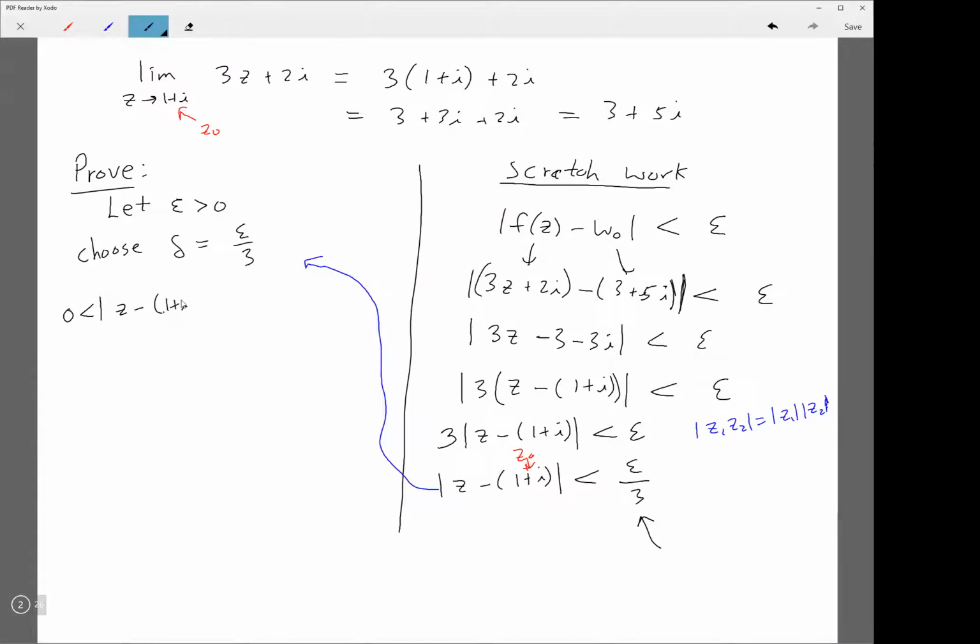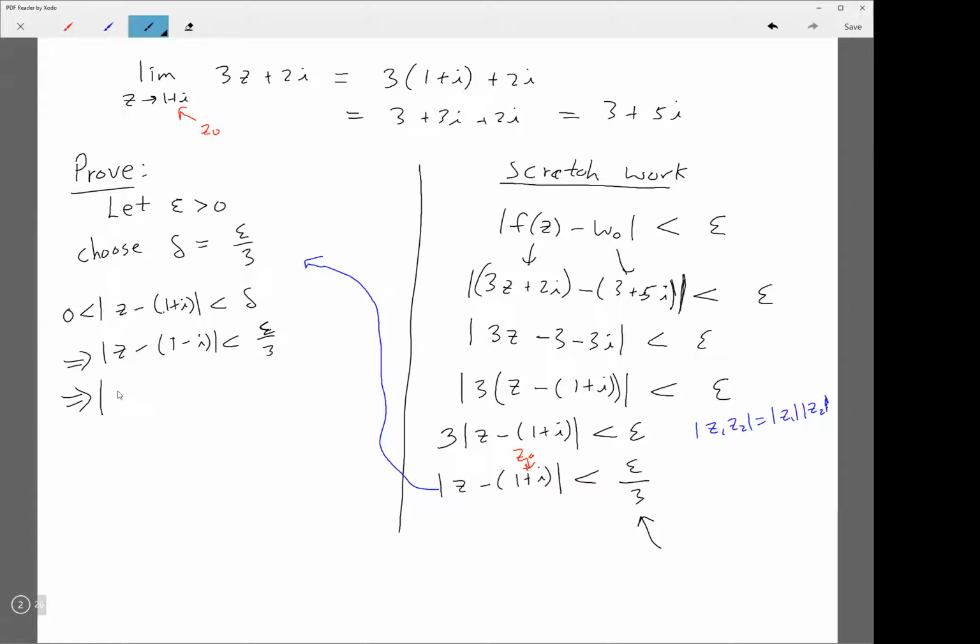Write down the modulus of z minus z naught less than delta. That implies that the modulus of z minus z naught is less than epsilon over 3. And then you just kind of work your way back up the list right there.